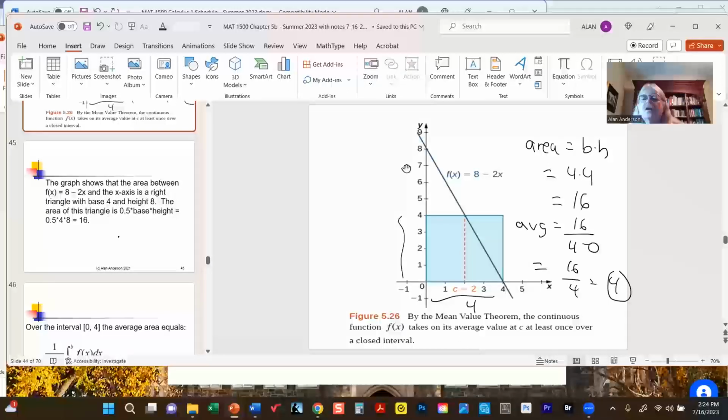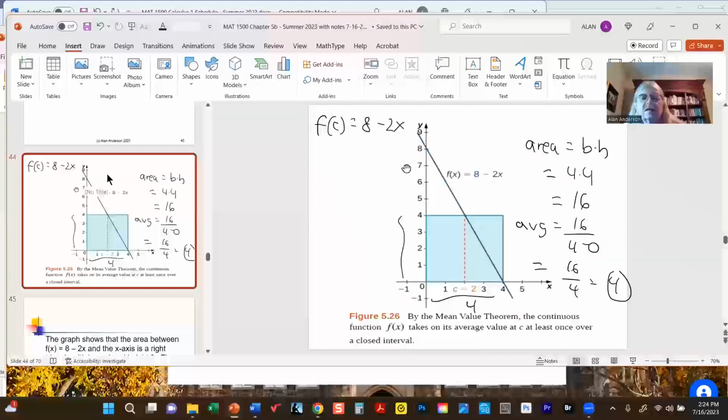Now, by the way, how do you know that c is 2? Even having this result, f of c is 8 minus 2x. So what that tells me is that whatever the value of c is, 4 equals 8 minus 2x.